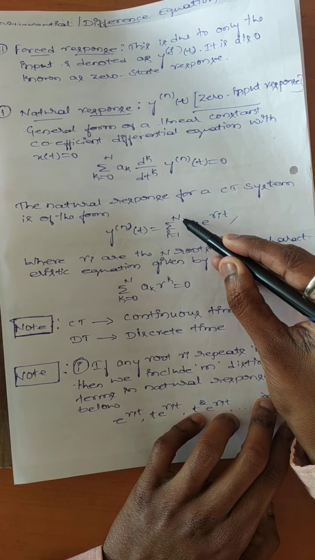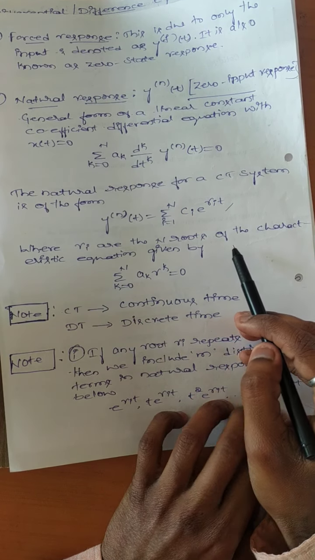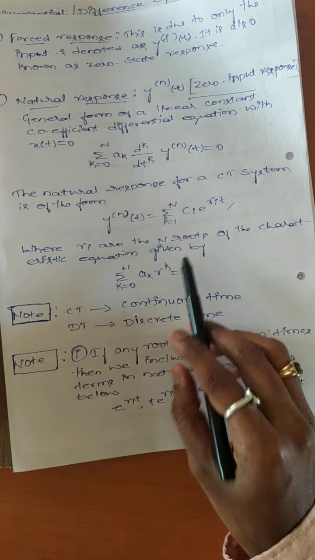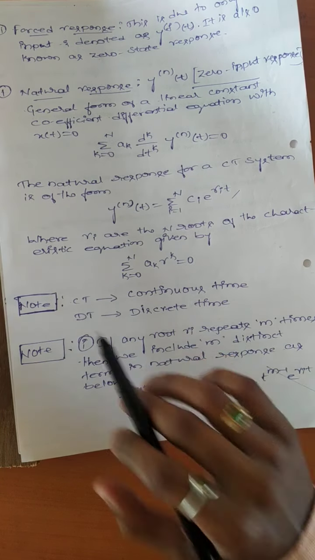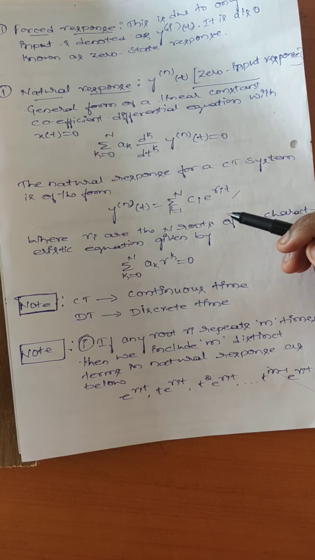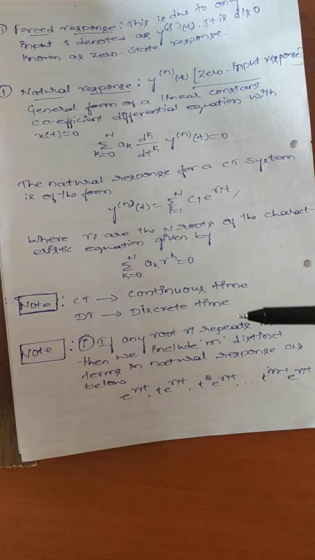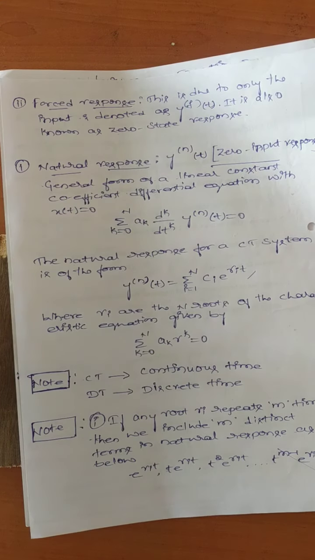Here ri are the n roots of the characteristic equation given by the sum of ak r to the power of k equal to 0. So this is the definition of natural response. Just remember, it's a zero input response. You just have to make the input 0 when you are calculating the natural response of any given system. This is the basic information about the natural response.